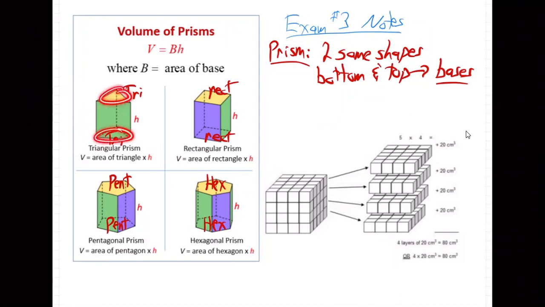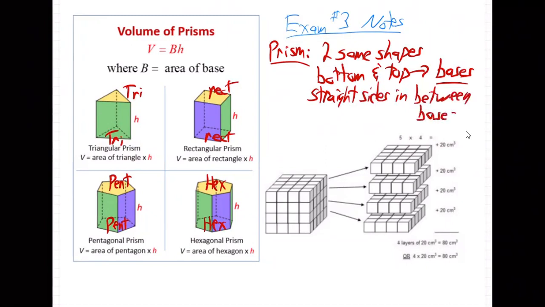So it's two of the same shape, triangle, and then straight sides in between. Let me just write that: straight sides in between the bases. So that's what a prism is: any shape where you have two of the same thing and straight sides in between.